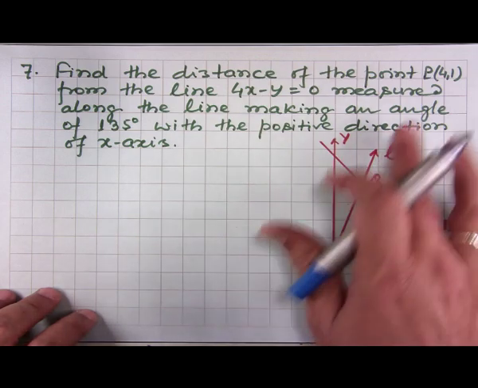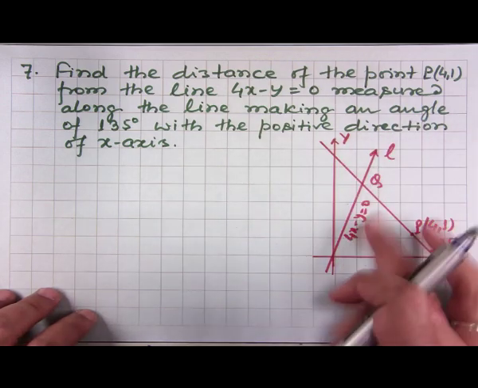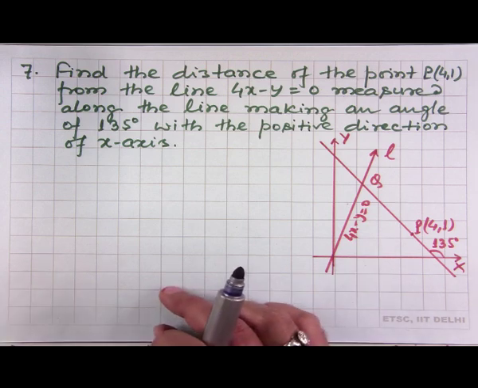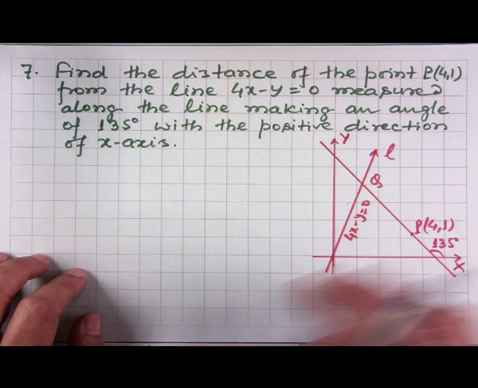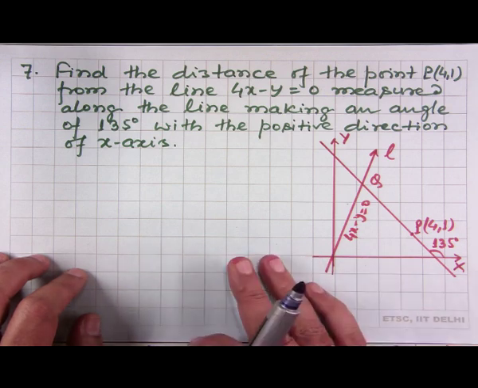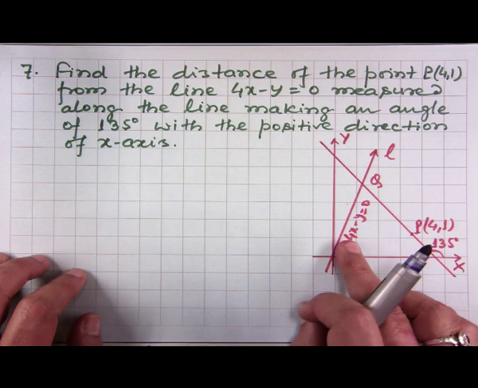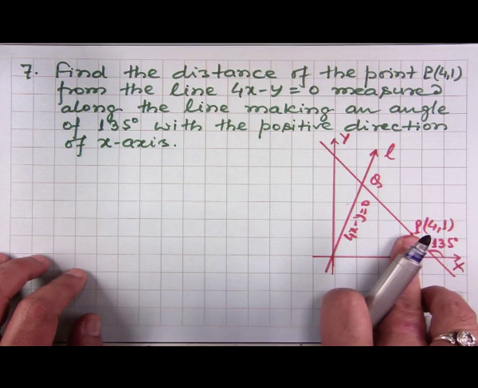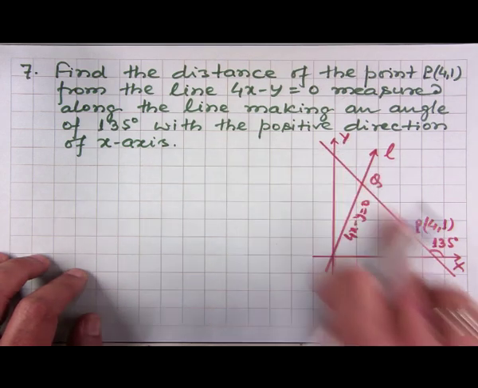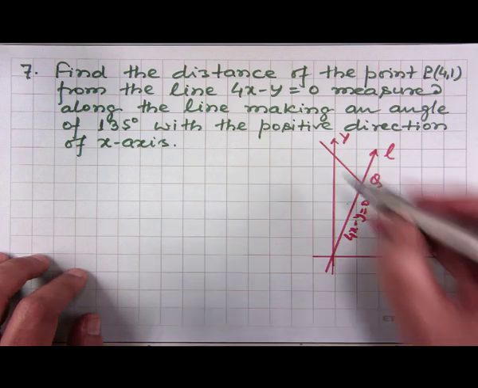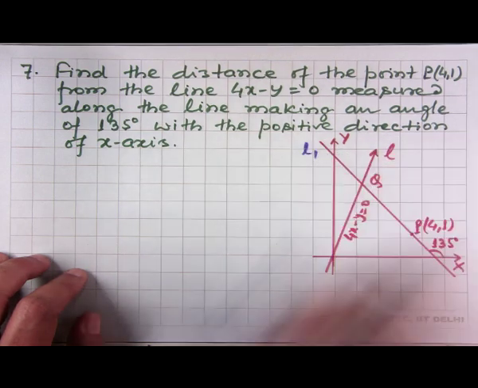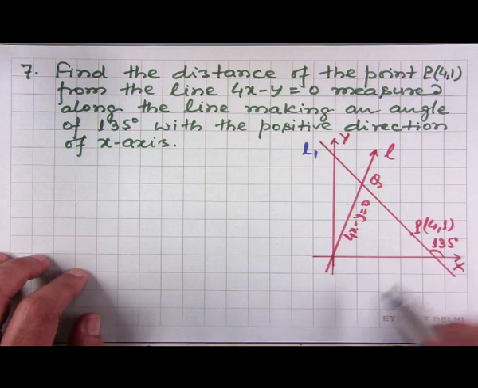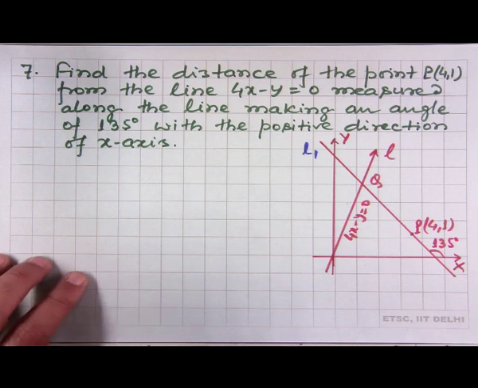The equation of this line L is given, 4x minus y equal to 0, and we have to find the distance of this line from the point P(4, 1) situated on this line. Say this line is L1, which makes an angle of 135 degrees in the positive direction of x-axis.